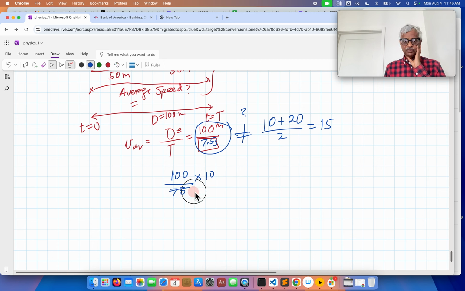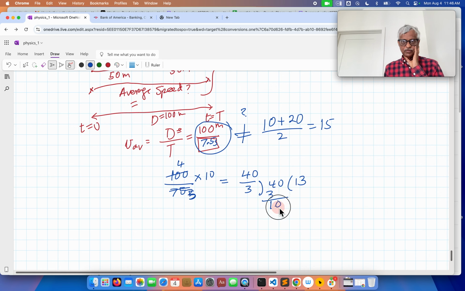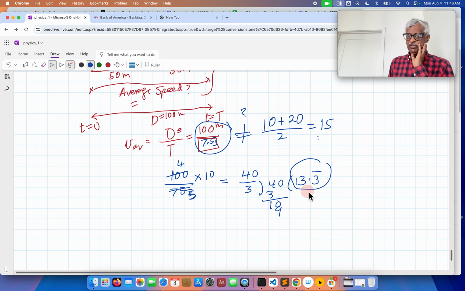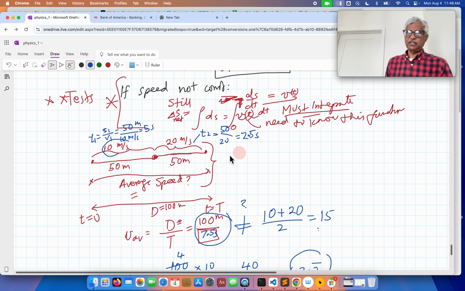So 25 times 3, and it's like that. So we have 40 over 3. So it's not that. See this? You have a different average speed. So this is something that you test a lot.